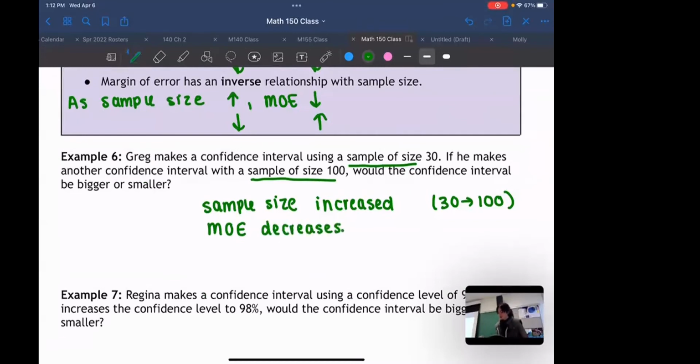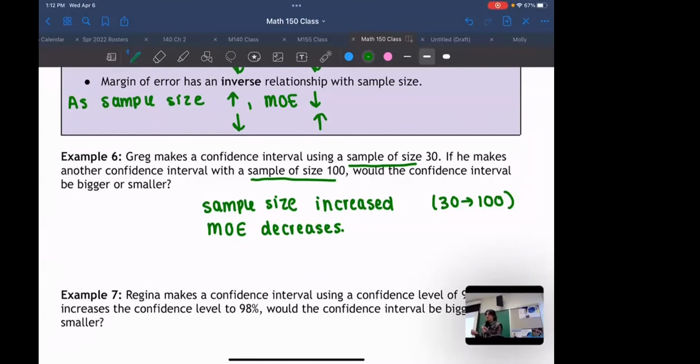Okay. Now the question didn't talk about the margin of error. It's talking about the confidence interval, but we know that the margin of error is kind of like the same thing as the size of the confidence interval. So if the margin of error decreases, do you think the interval is going to get smaller or bigger? Smaller, right? The margin of error is what we add and subtract.